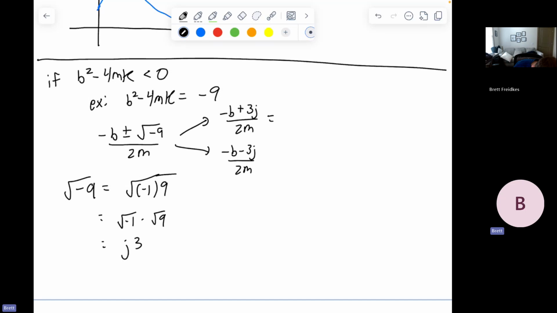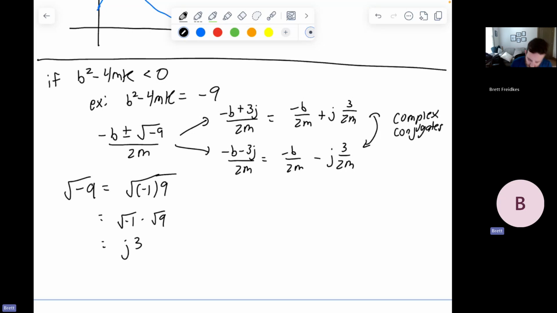And if I write this out a little bit differently, where I write it like an imaginary number, we can see that these two are complex conjugates of each other.